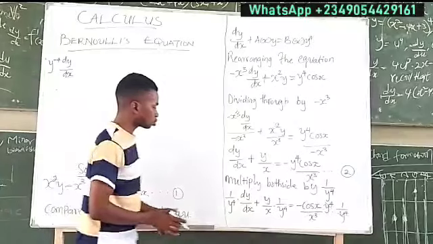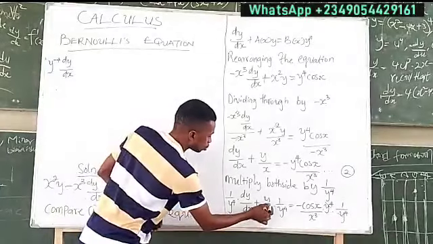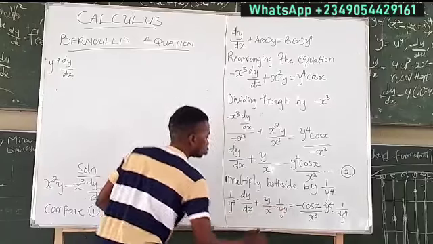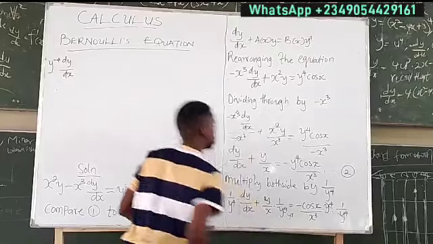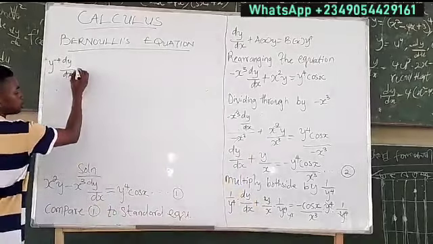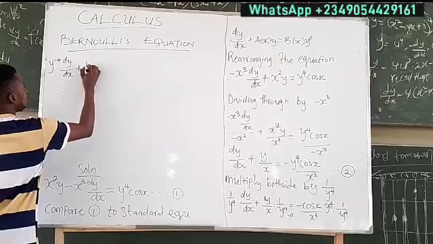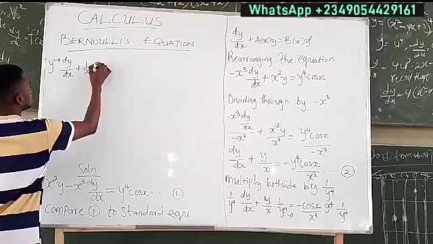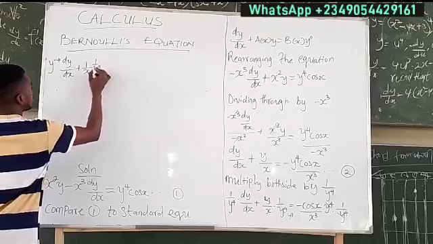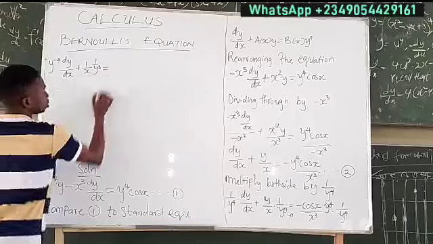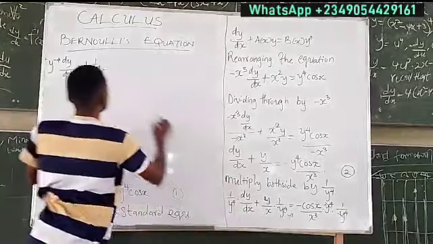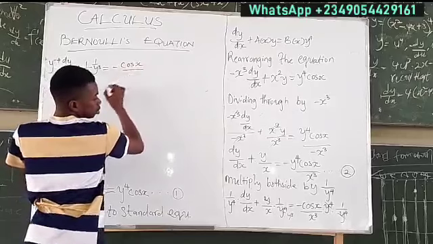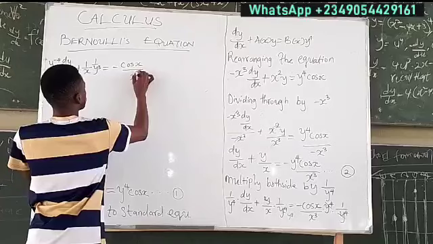Then for this part we can see that y can cancel out this y, and this part will be left with y raised to the power minus 3. So here it becomes plus 1 all over x times y^-3. Then this part becomes minus cos x all over x^3.